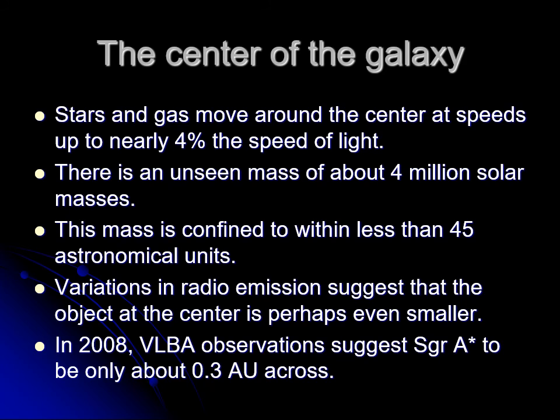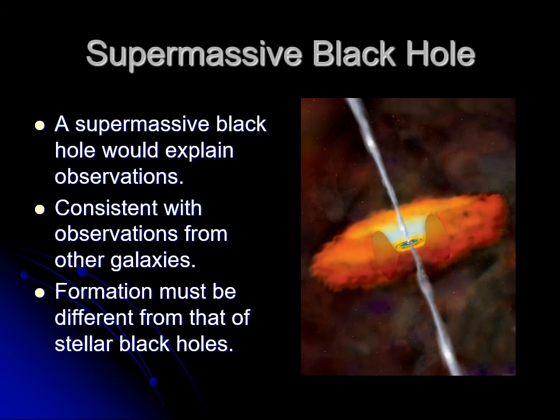But anything else you can think of with millions of solar masses, gravity would pull itself together. There'd be no way of keeping it bright enough, hot enough to keep gravity from winning. It would all collapse down, and in fact, the only thing that would happen is it would collapse down into a giant black hole of millions of solar masses. Well, this is not just a black hole, this is a supersized black hole.